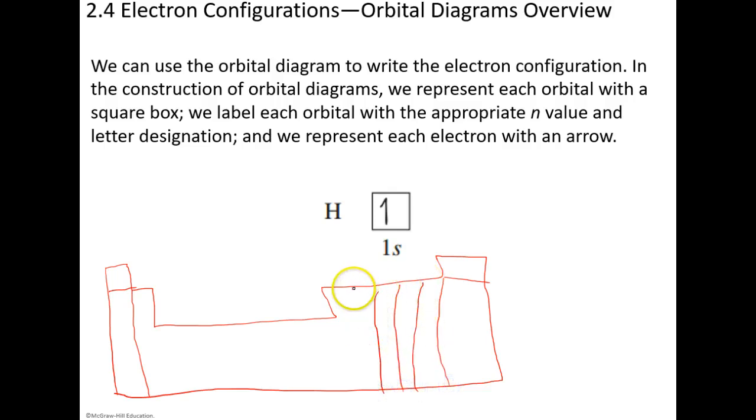I don't know if this is better or not. 1, 2, 3, 4, 5, 6. Here we go. And then we have this that goes all the way across. Oh, I didn't mean to do that.